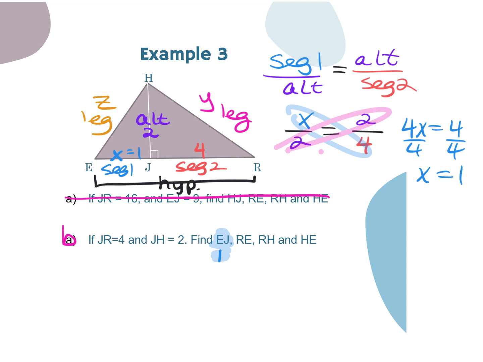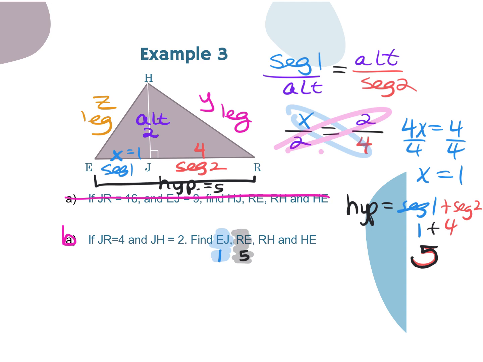So for the hypotenuse, remember what you're going to do is add segment 1 plus segment 2. So this will be 1 plus 4. So my hypotenuse length is going to be 5. So RE, my hypotenuse, is 5.